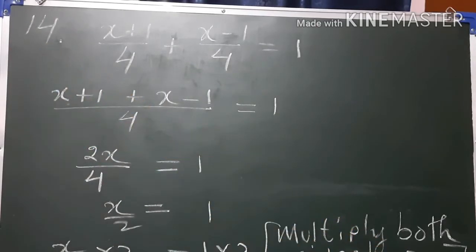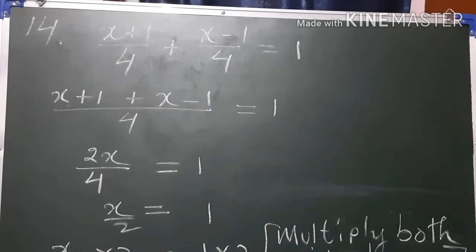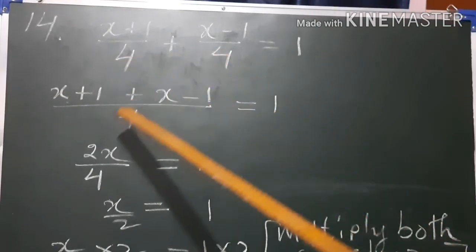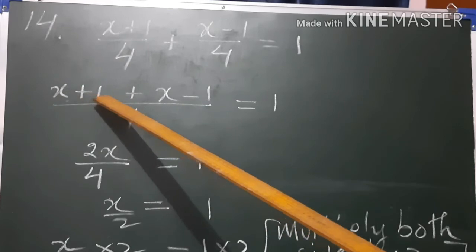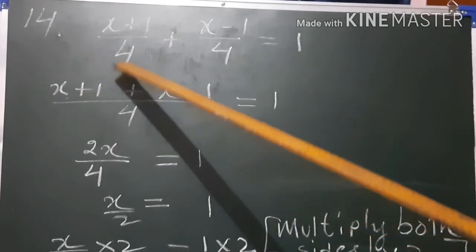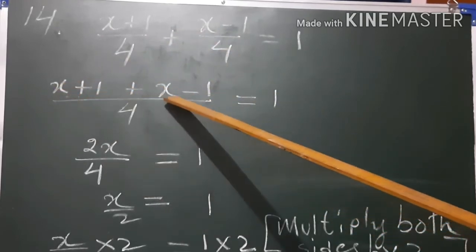Question number 14. (x plus 1) upon 4 plus (x minus 1) upon 4 is equal to 1. Now here the LCM of 4 and 4, we get 4 only. So we don't have to multiply in the numerator. So when you write all of these in this manner, we get x plus 1 plus x minus 1.